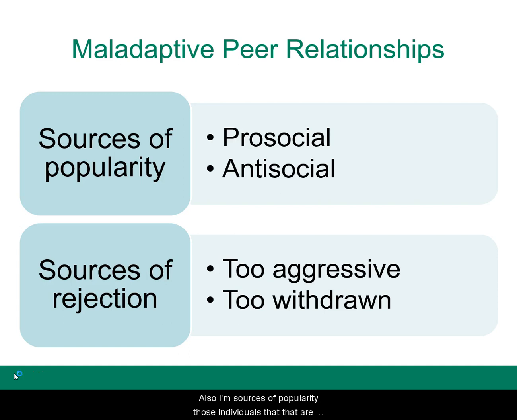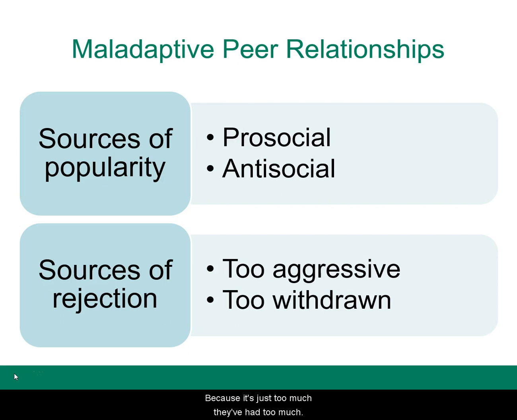Also, sources of popularity, those individuals that are very, very social and they're very, very popular. Okay, that can be a positive, but it also can be a negative. So, and then those who are not popular, or maybe they are popular, but they tend to become antisocial because it's just too much.